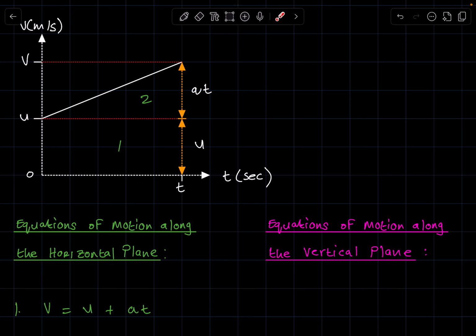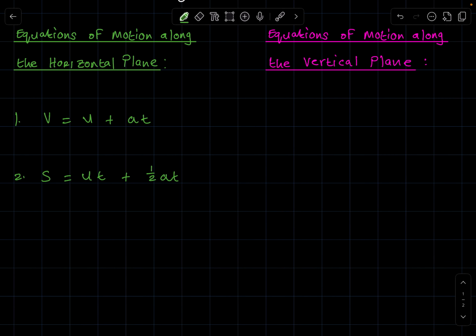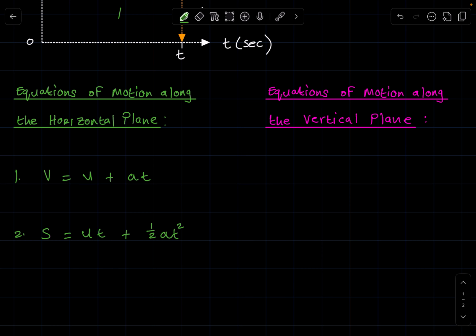So we have half, the base here is at, and the height is t. Now we have two t's here. T times t is t squared, so this can be expressed as half at squared, and that is how this equation of motion comes about.